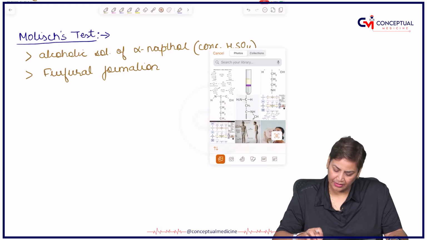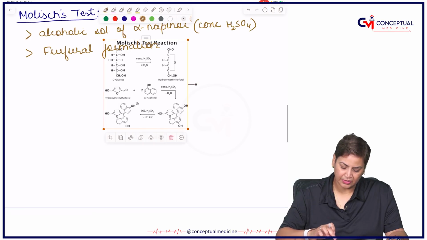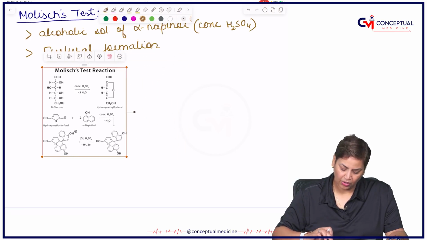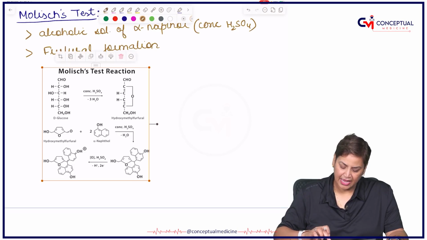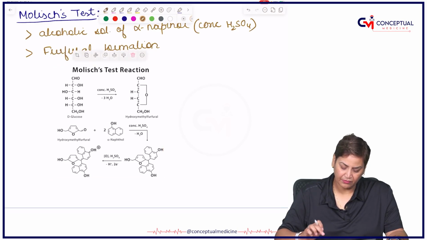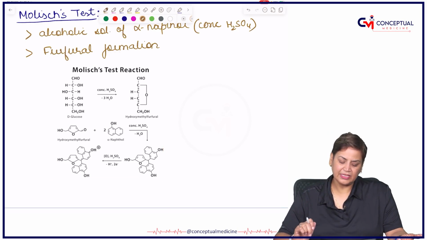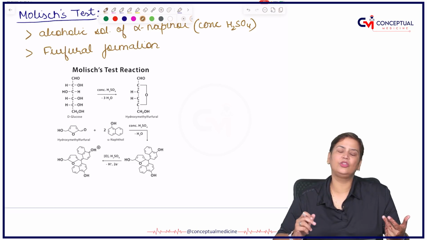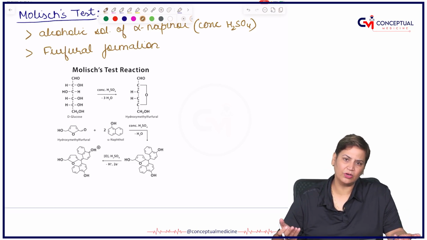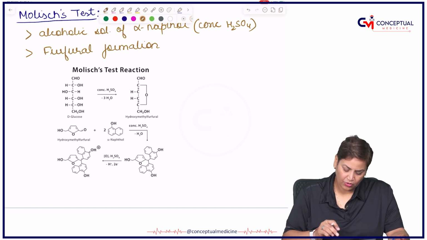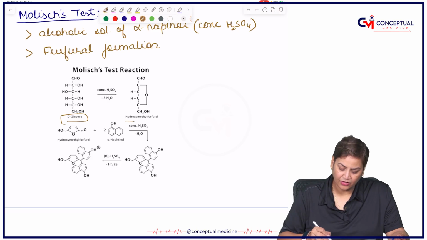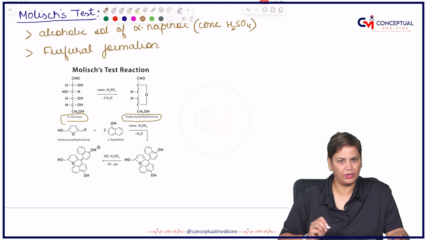The reaction will be this. All sugars in the presence of oxidizing agents have a tendency to form furfurals, because they undergo oxidation. If we talk about glucose, you can see that it is going to form hydroxymethyl furfural.